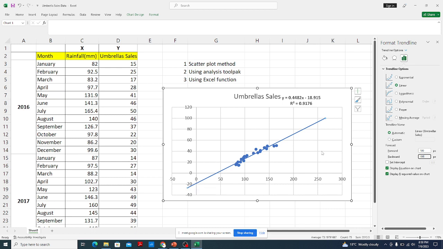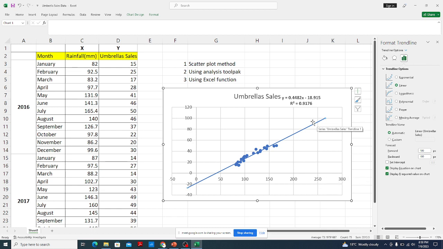Okay, so with this you can even maybe try to check in case you have a rainfall amount of, let's say, this point, where you are trying to focus on the number of umbrellas which you will sell when the rainfall amount is at 250 millimeters.